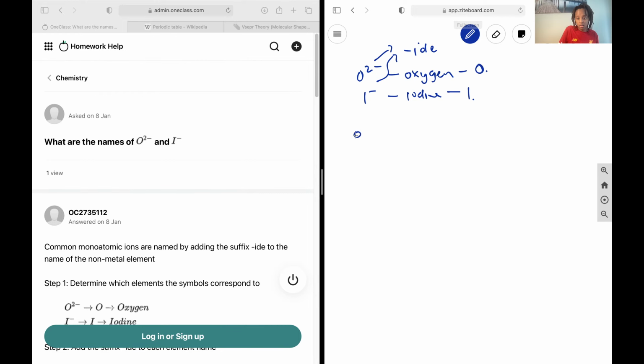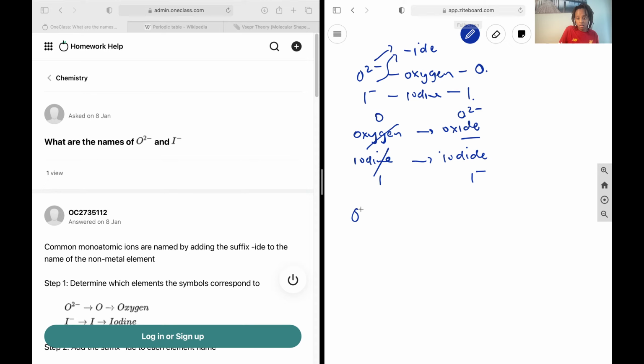And so instead of oxygen, you will drop this and it will become oxide. So instead of O, we have O2-. And instead of iodine, you drop this and it becomes iodide. Instead of I, you have I-.